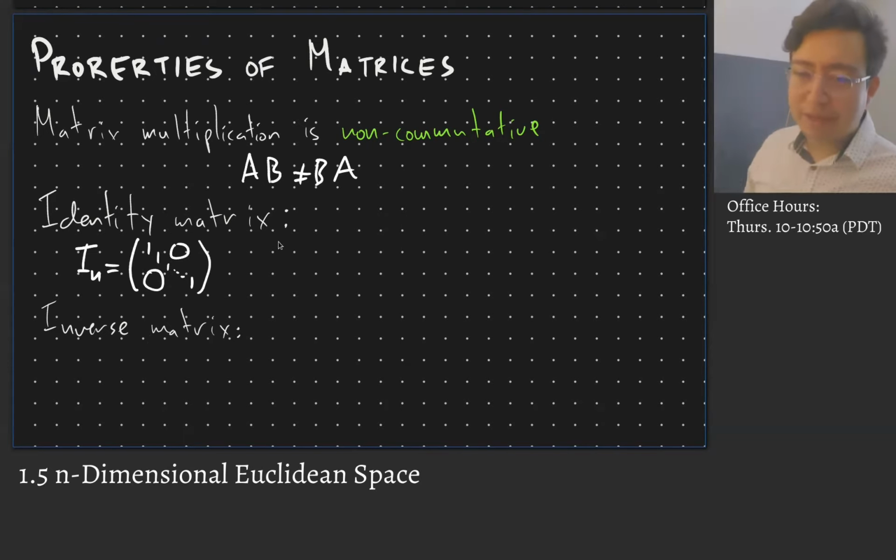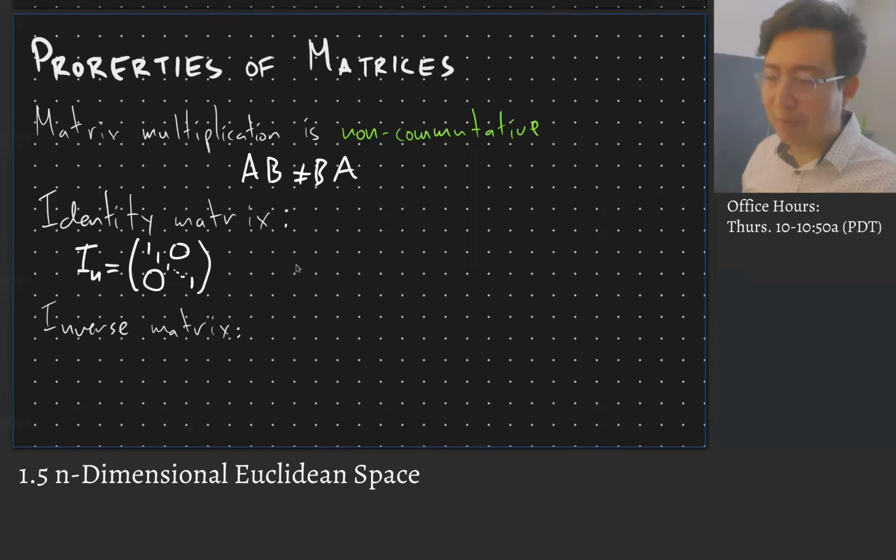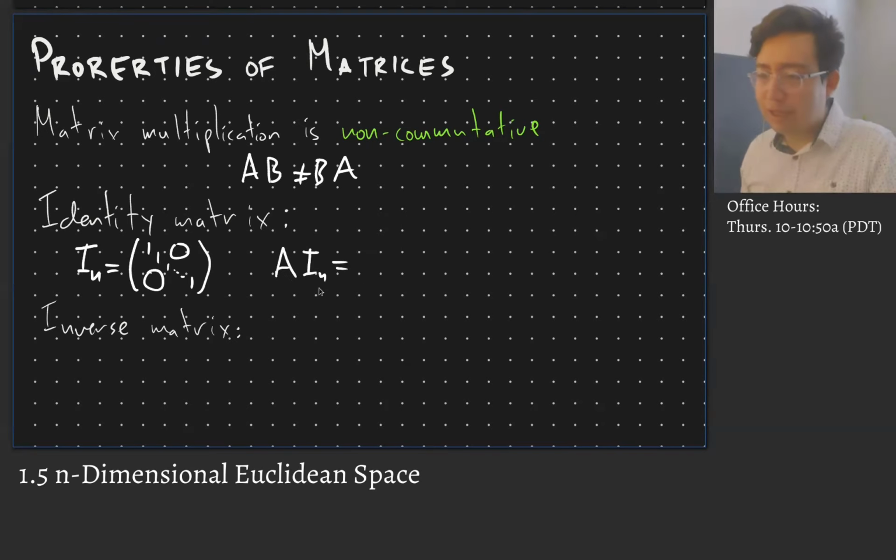And what property does this matrix have? This matrix has the property that if you multiply any other matrix by it on either side, if they're compatible in a certain order, then it just turns it back into itself.